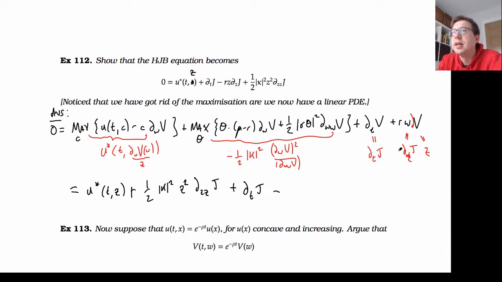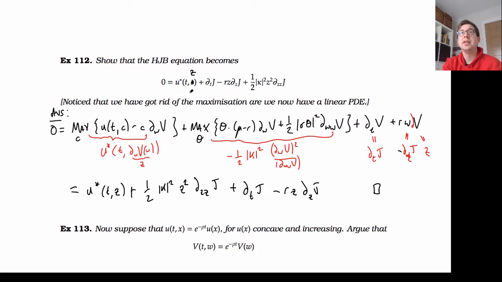I think that one needs a minus here. I'm going to get minus r z times the partial derivative of j with respect to c, which is what's here. So essentially, we just work out the maxima in here and then make the substitutions for j.